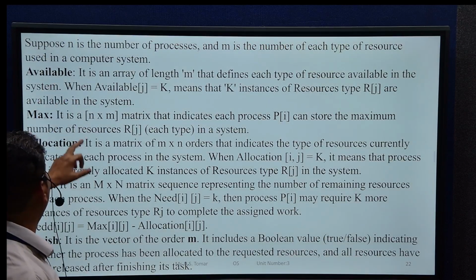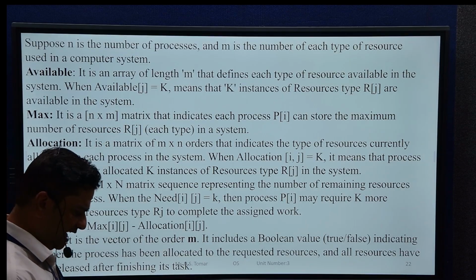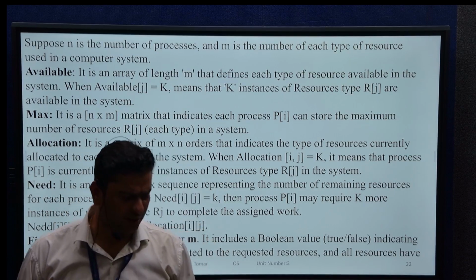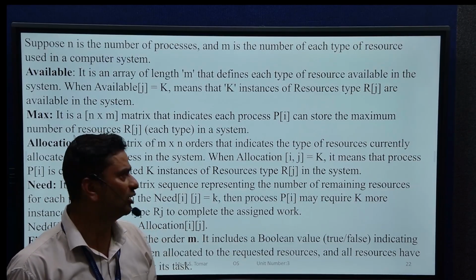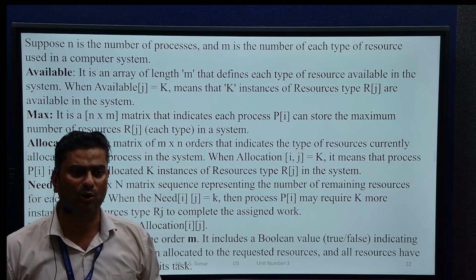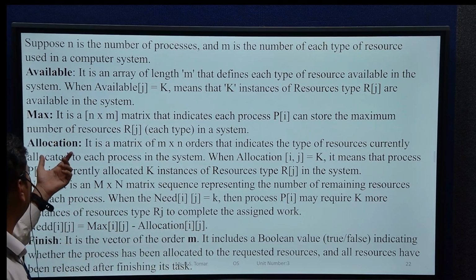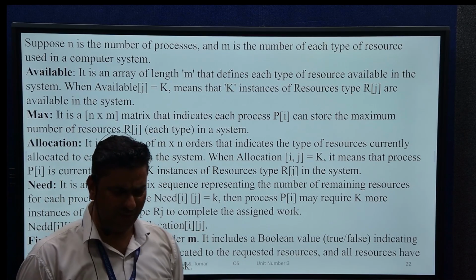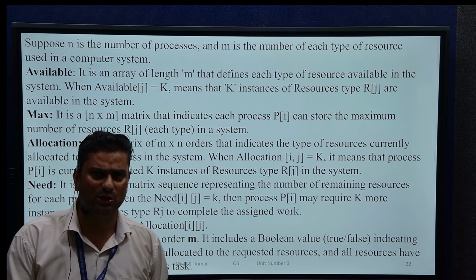See: available, max, allocation, need, finish. Available means the number of resources available at that particular time for allocation to a process. Max is the maximum demand a process can request from the system. Allocation means the resources given to the process at a particular interval of time when it is going to execute.